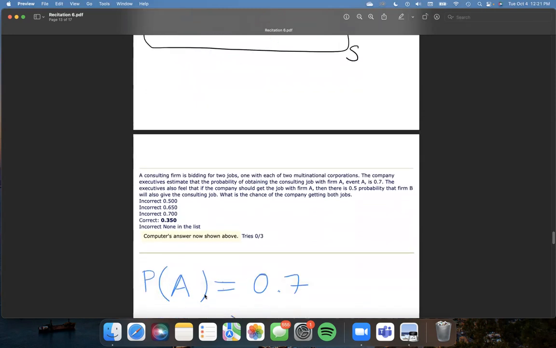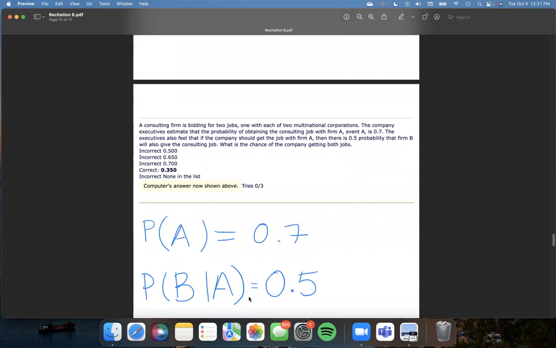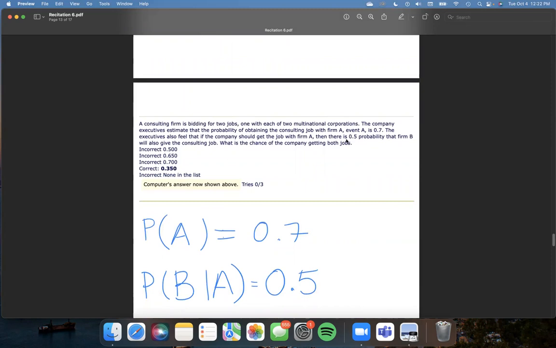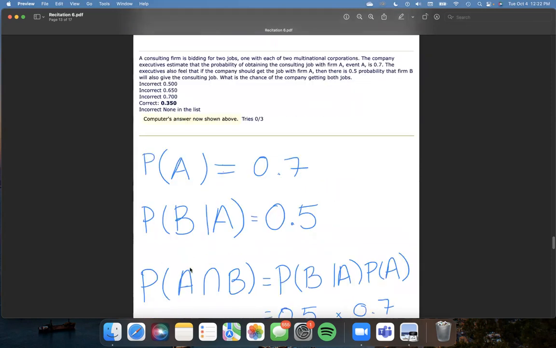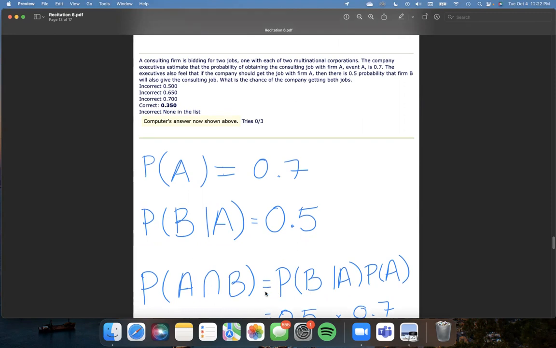So here we have the probability of A is 0.7. The probability of B given A is 0.5. And then here we want to find the chance of the company getting both jobs. So that would be the intersection where they get A and B. So here, this first equation is something that was discussed last recitation.